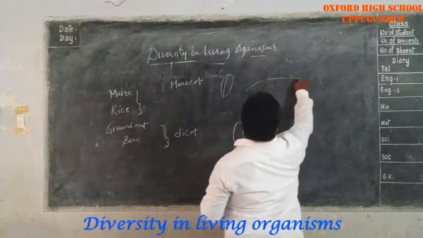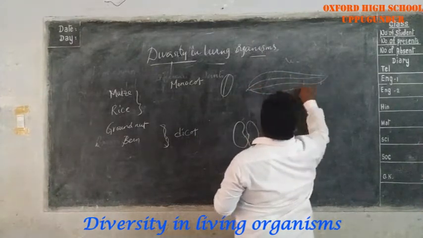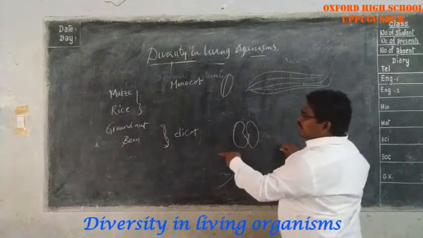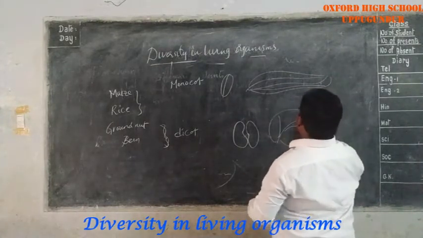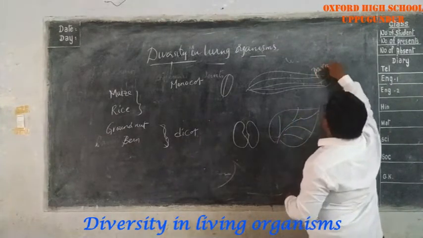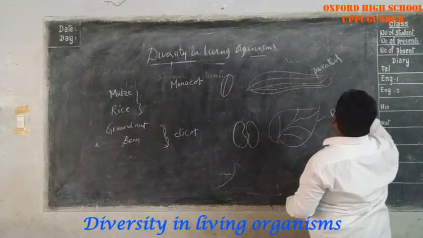The leaf will appear to us in this way. So this is parallel venation. In this group, you will see that the leaf will be like this. This is parallel venation. This is reticulate venation.